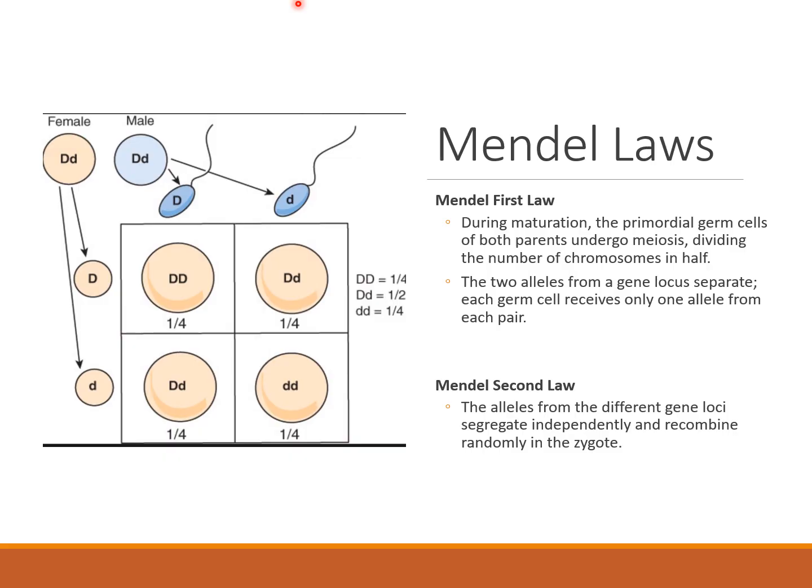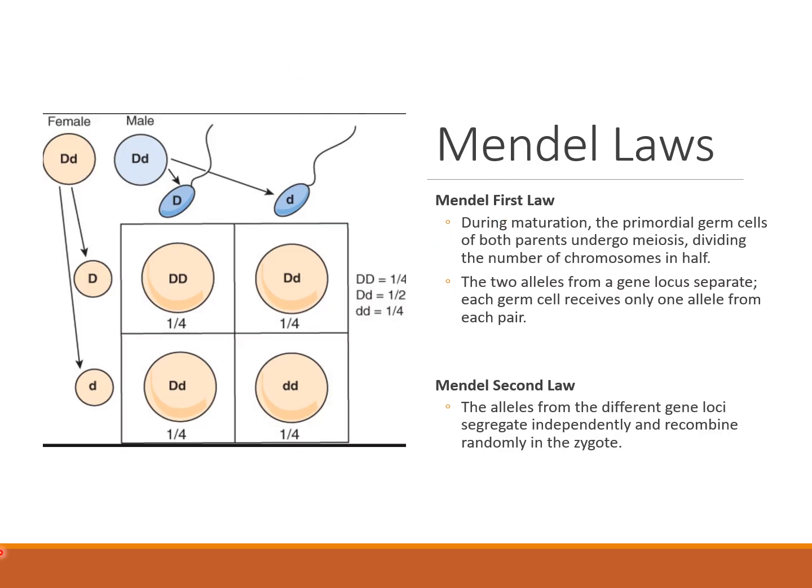So again, in this example, both parents are heterozygous, so one big D, one little d for a trait, and the alleles carried by the mother are on the left, and by the father on the top. And that D allele is dominant, the big D, and the little d allele is what we call recessive. So big D, big D, and big D, little d offspring will have dimples because that's my dominant trait. And the small d offspring does not, right?